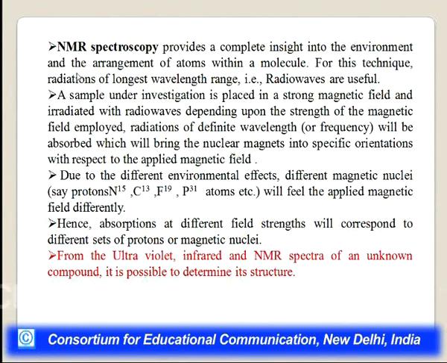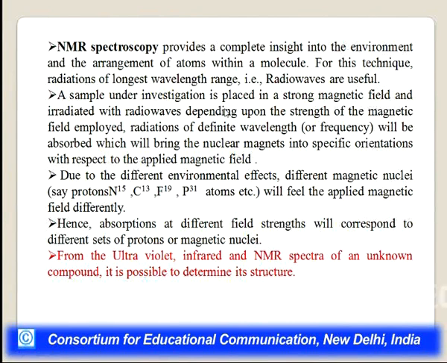The third type of spectroscopy is NMR spectroscopy, which provides a complete insight into the environment and the arrangement of atoms. Which atoms? Protons. We are talking about the types of hydrogen atoms: how many hydrogen atoms are there on a particular carbon atom, and which kind of hydrogen atoms are there. For this technique, radiations of the longest wavelength range, that is radio waves, are useful.